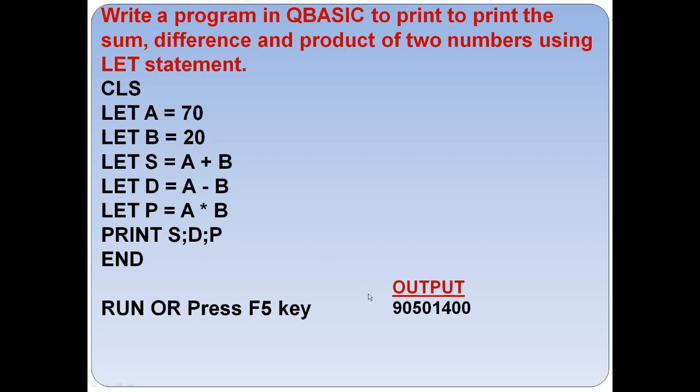No space is there because we are using the semicolon sign, so it represents that there is no space between them. Then A minus B became 50, so 50 is here, and A multiply B is equal to 1400, so it will come in the same line with no gap between these answers. This is the difference between semicolons and commas.